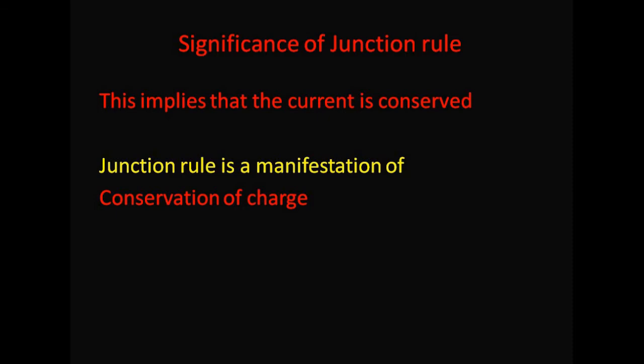It means the charges are conserved at every single point in a circuit. Whatever charges come into a point should leave that point. No charges would get stuck anywhere in the circuit. So you can say the junction rule is a manifestation of conservation of charge.